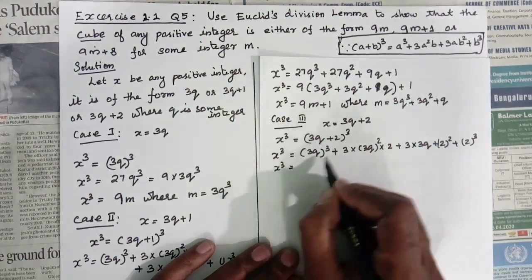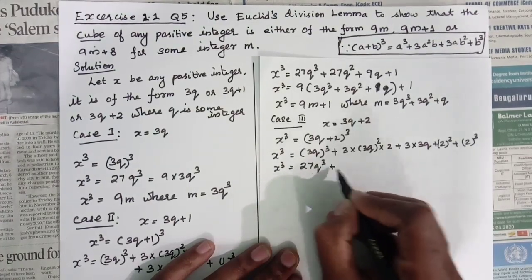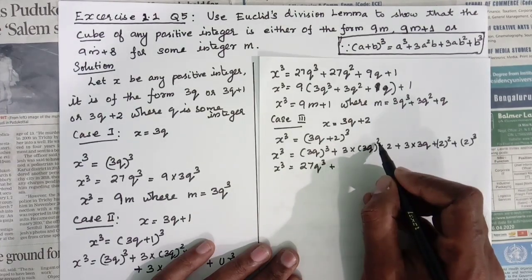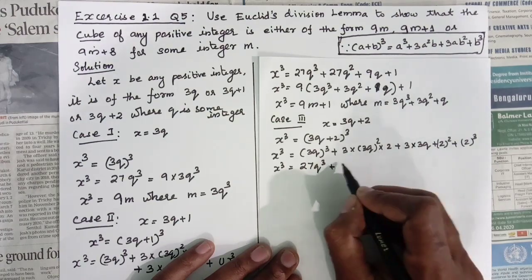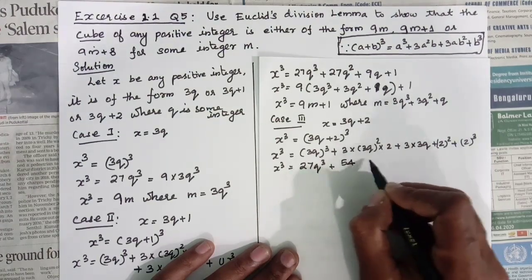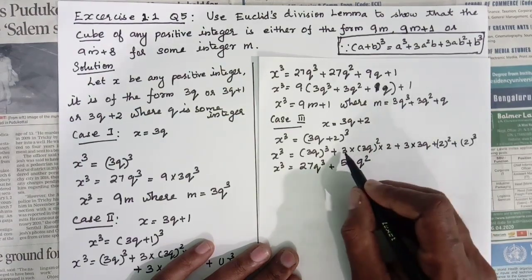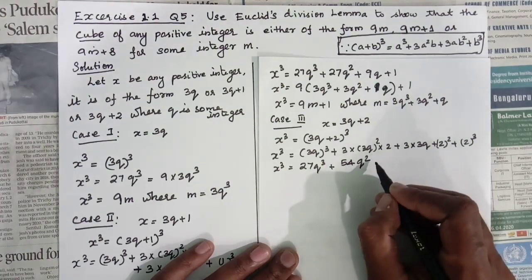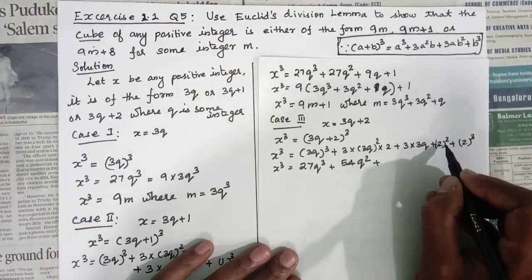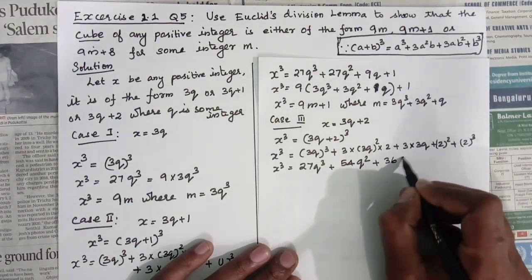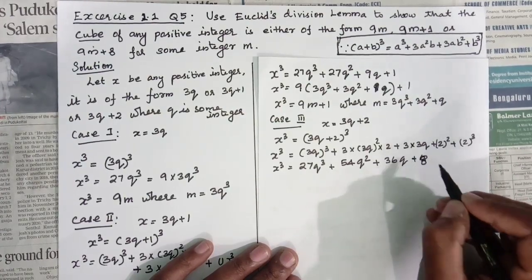Now x cube is equal to, we can cube this number. 3 cube is 27q cube, plus here 3 square is 9, 9 into 3 is 27, into 2 is 54q square. Plus here 2 square is 4, 3 threes are 9, 9 into 4 is 36q, plus 2 cube, which is 8.